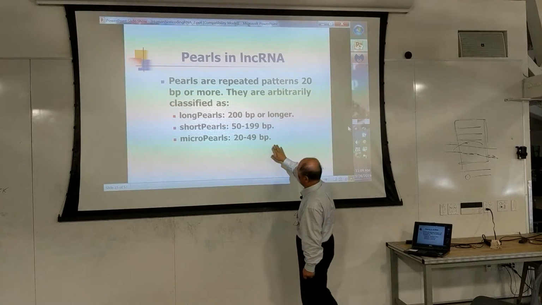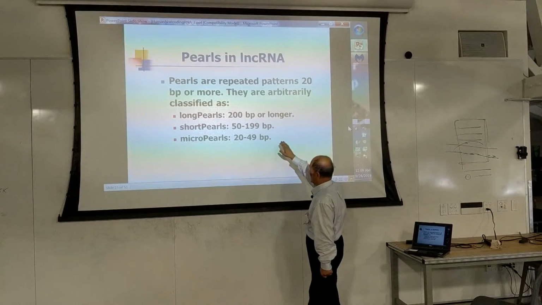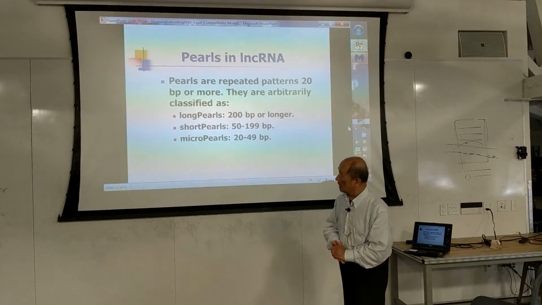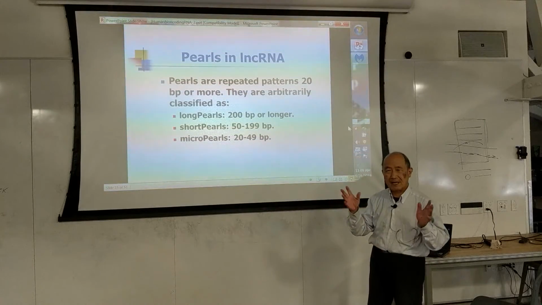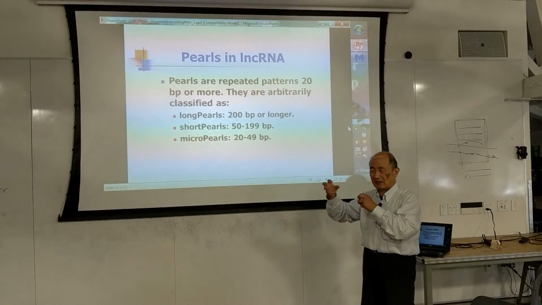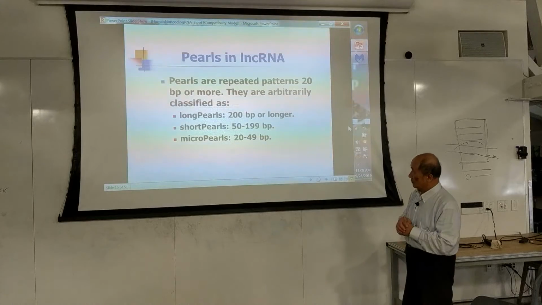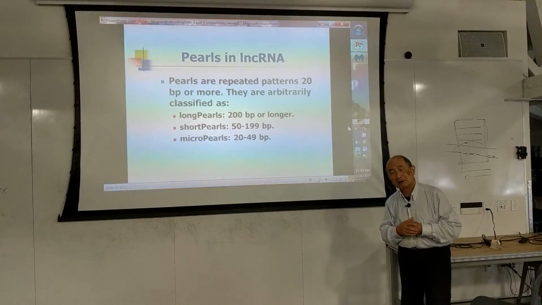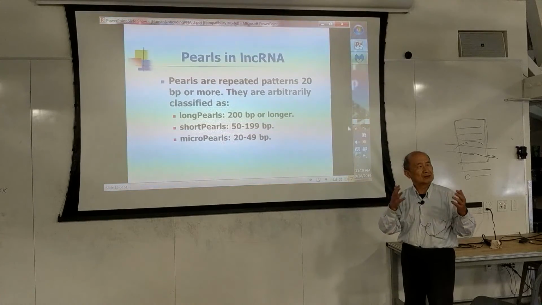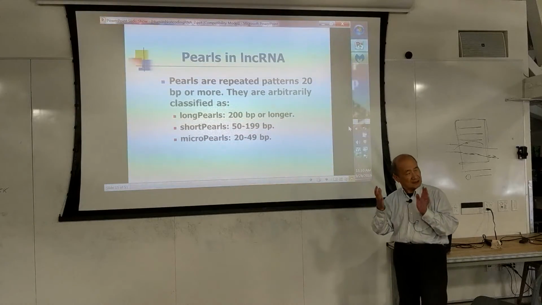Then short pairs, they are most likely functional. And we have found lots of, for example, transfer RNA, which assists the building of the protein molecules. These transfer RNAs are about 70 to 150 base pairs long, and they serve useful information. So they are most likely in this range.